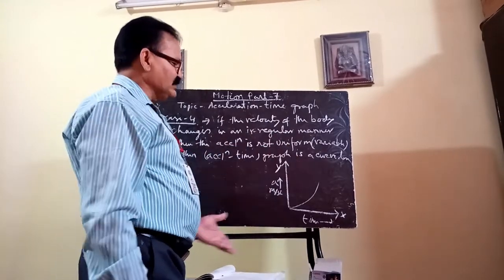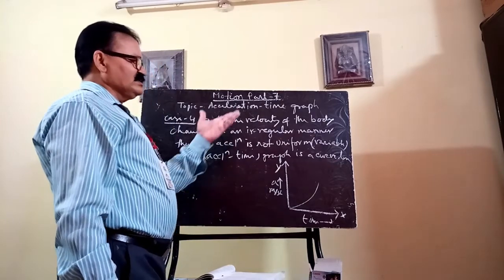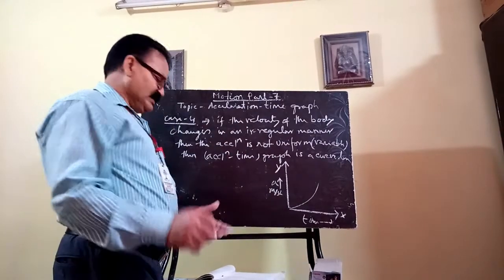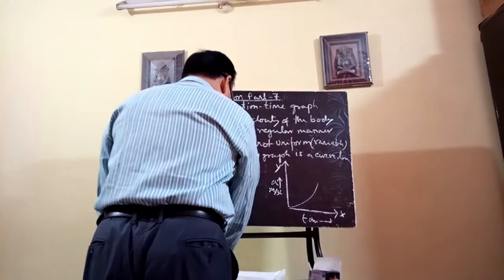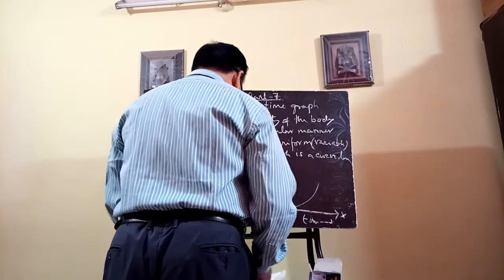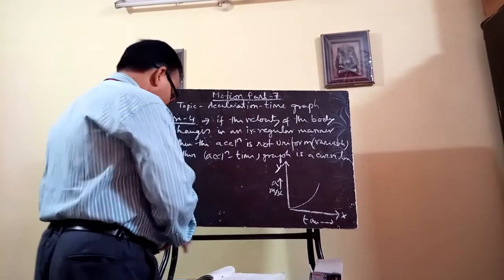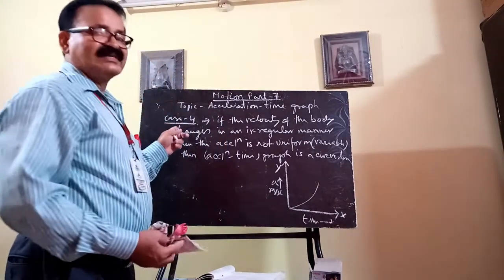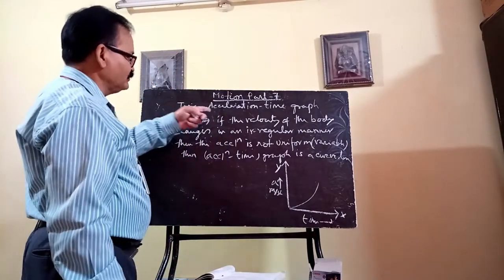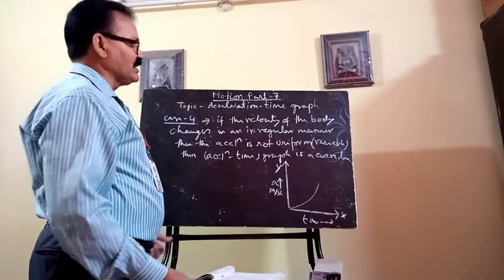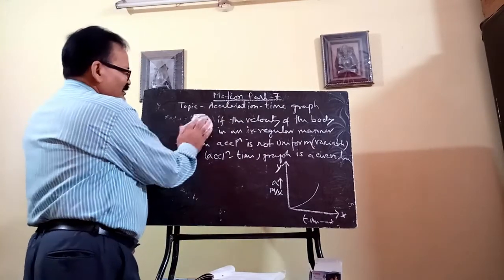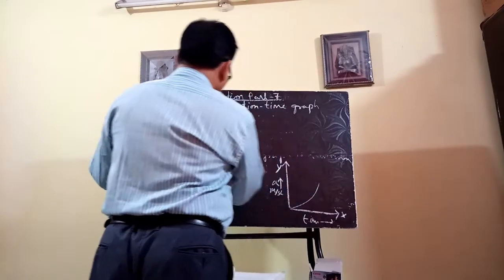That means acceleration is variable. In that case, the acceleration time graph is a curved line. Clear? And again here, these are the 4 cases that come under the acceleration time graph. Now one more topic is there.